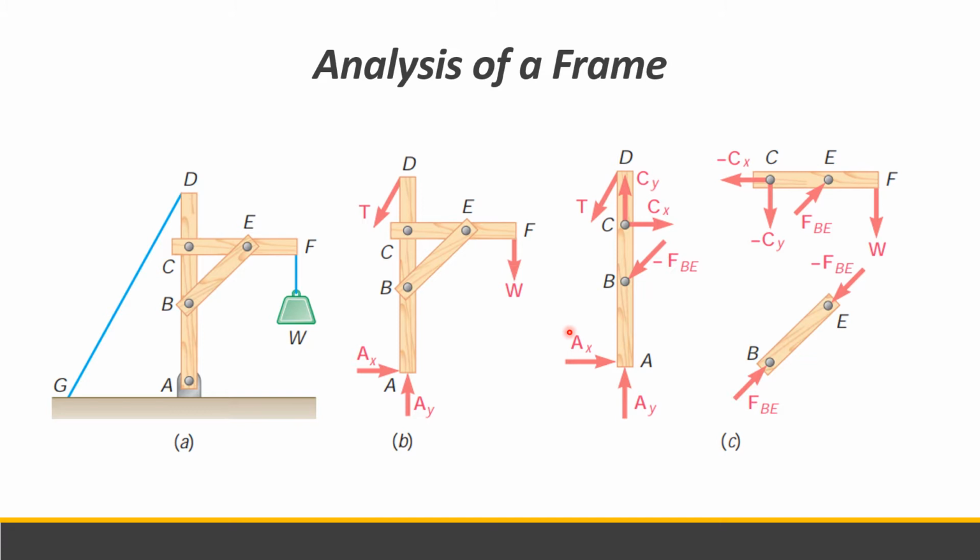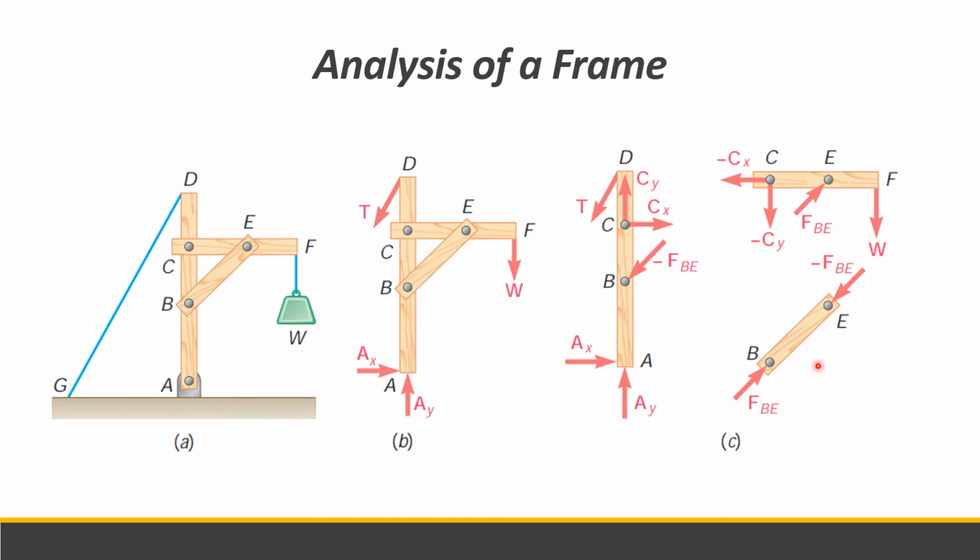So, say for example, at connection B, dito sa B, this is the connection between a multi-force member AD and two-force member BE. And sa C naman, yung connection na to is connection between two multi-force members. So that is CF and AD.